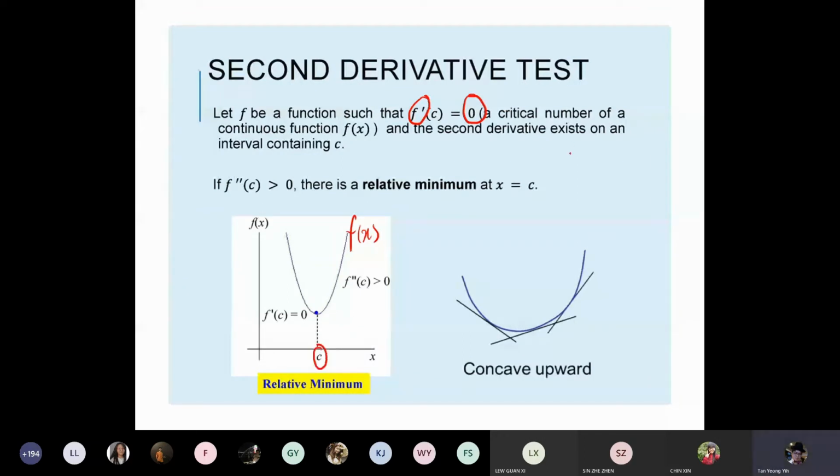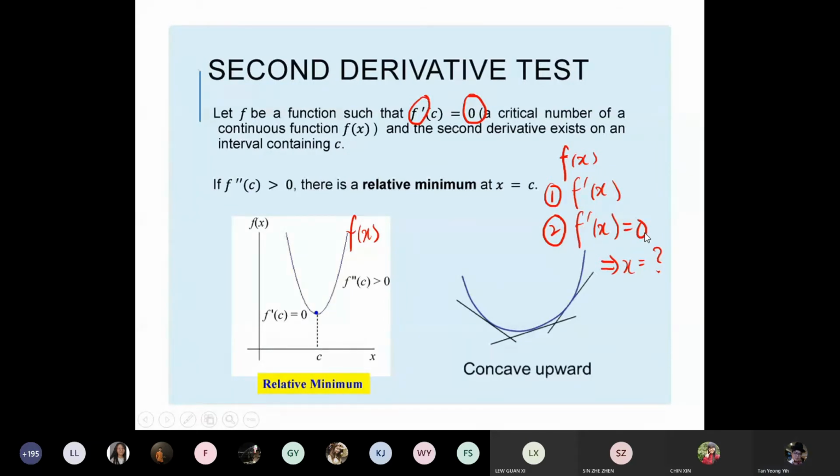Now let me write the steps. We have a function. Step 1, we differentiate the function. After that, we let the differentiated function be 0. What do we want to do here? We want to find the x, when the slope is 0.